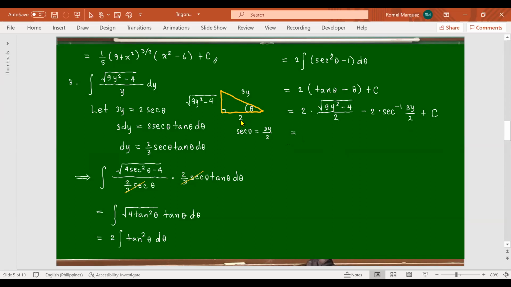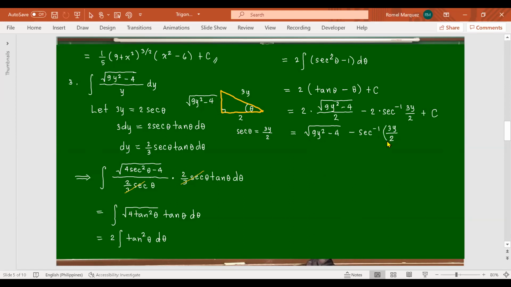And if you have, let's say, sine theta, your sine theta is this radical over 3y. Then you can solve for theta. So you have many options. Simplifying, we have the square root of 9y squared minus 4 minus inverse secant of 3y over 2.